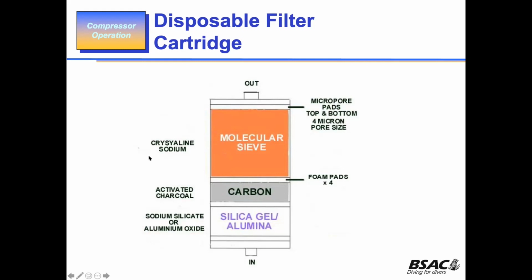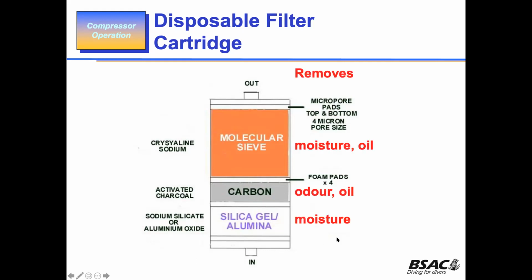It's got crystalline soda, activated charcoal, or sodium silicate and aluminium oxide. These are the sort of chemicals they put into these filters to make sure that, at the end of the day, the air you breathe meets the standard required by health and safety and the British standards.